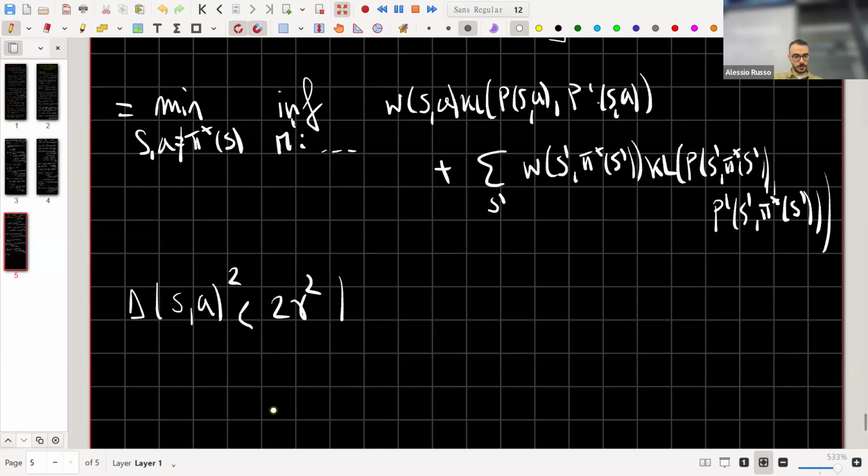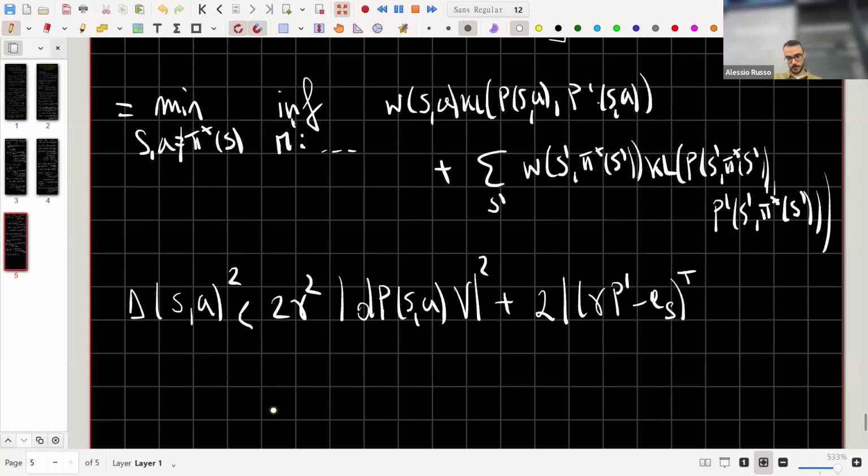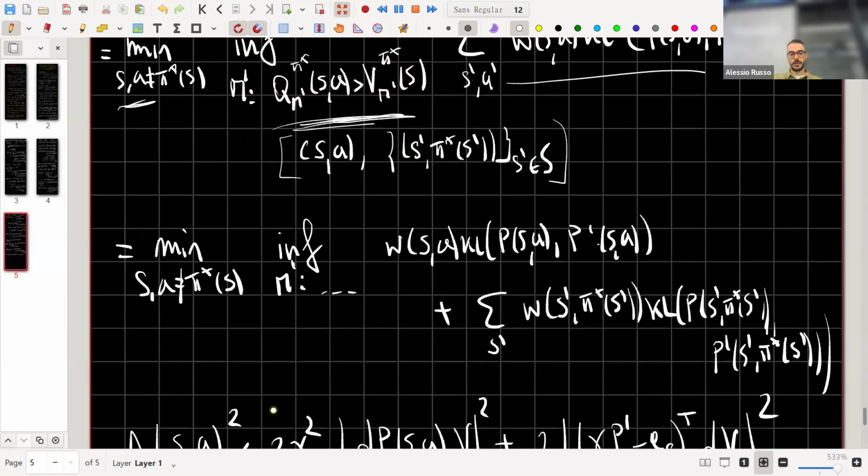I will write the one without the upper bound for now. So this is the thing that we had that then we upper bounded, right?